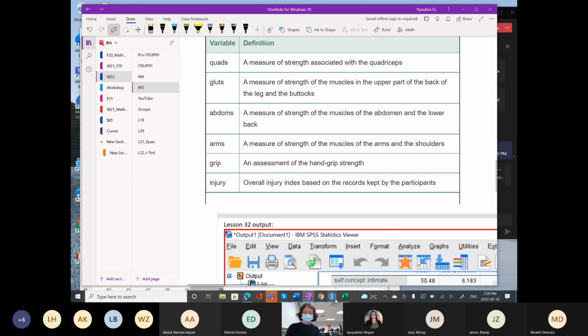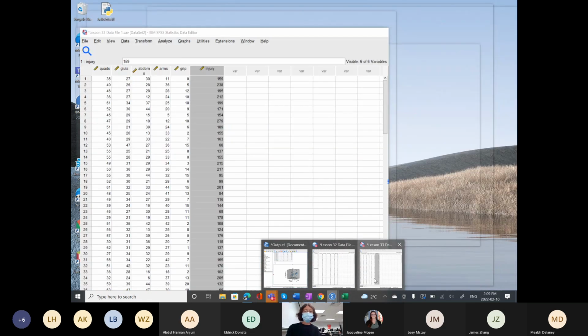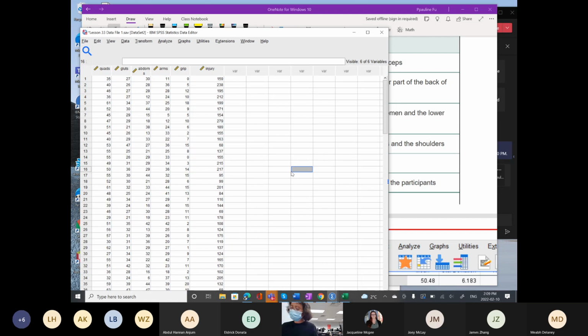Okay, go back to my data. So this is lesson 33. First, we are going to create z values.